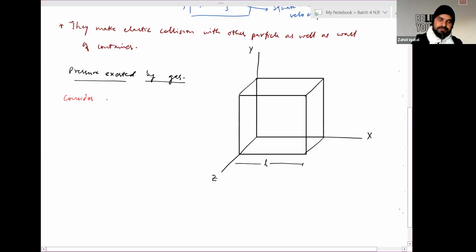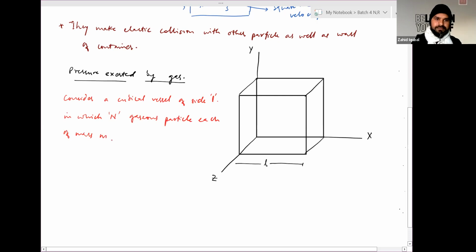Consider a cubical vessel of side L, in which n gaseous particles, each of mass small m.